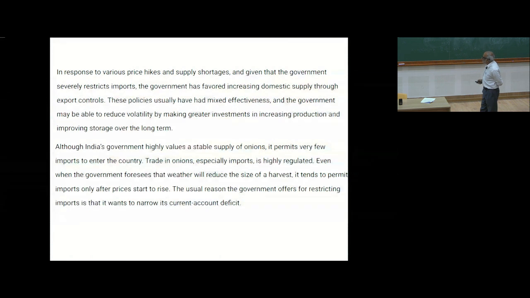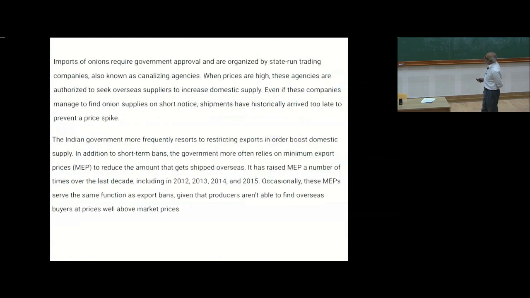The usual reason the government offers for restricting imports is that it wants to narrow its current account deficit. We don't know how true that is. The import of onion requires government approval, and when prices are high, these agencies are authorized to seek overseas suppliers to increase domestic supply. So this is the nonlinear interaction, I feel.